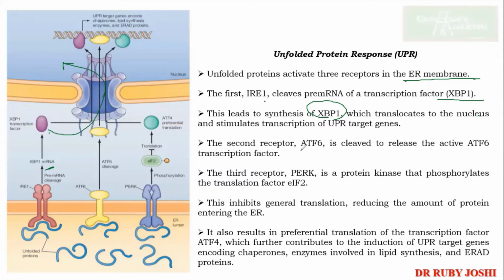Second is your ATF6, which is cleaved to release the active form of the transcription factor. So here ATF6 gets activated, it is going to be cleaved and the transcription factor gets activated and reaches the nucleus. The third one is PERK. It's a protein kinase that phosphorylates translation factor eIF2, eukaryotic initiation factor 2, if you remember from translation. Now this inhibits general translation, reducing the amount of protein entering the ER.